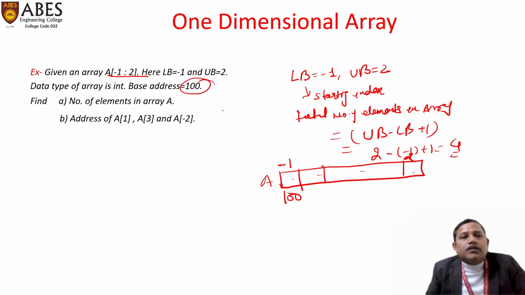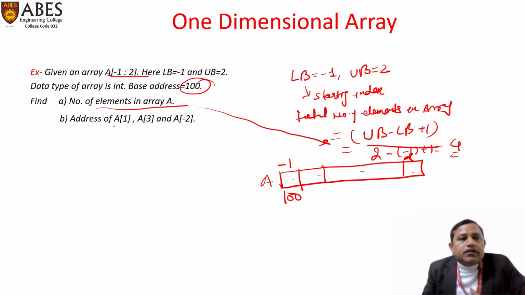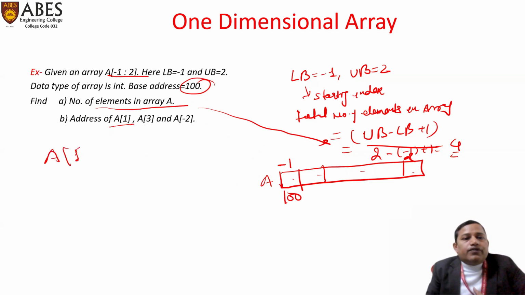It is asking the number of elements in the array. The total number of elements, or size of the array, is 4, already calculated as upper bound minus lower bound plus 1. Now find the address of the first index element using the formula: base address plus I minus starting index, known as lower bound, multiplied by the size of an array element.